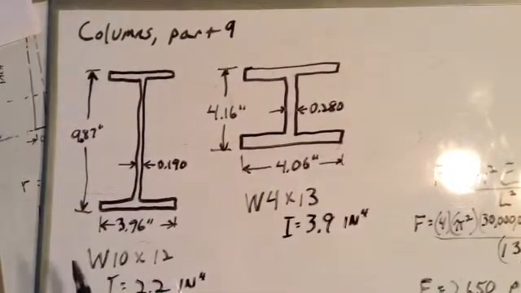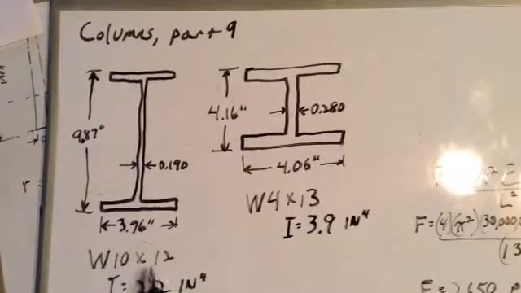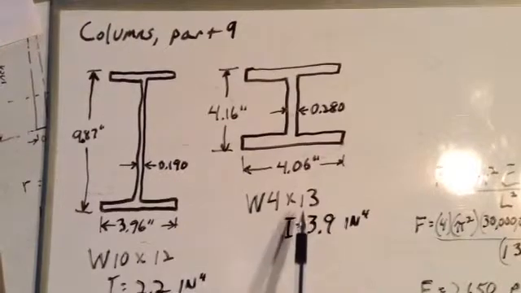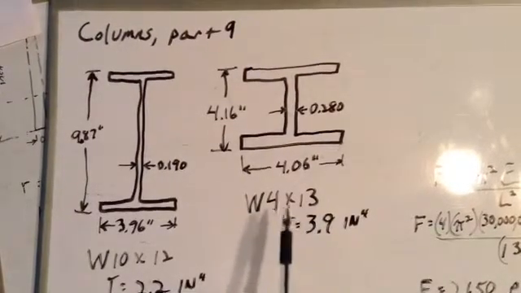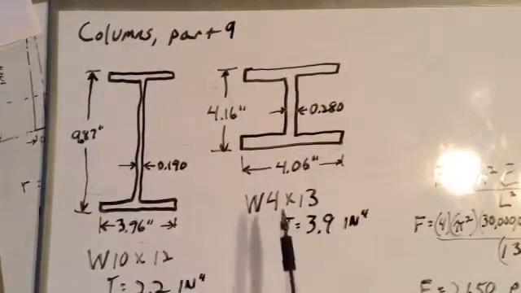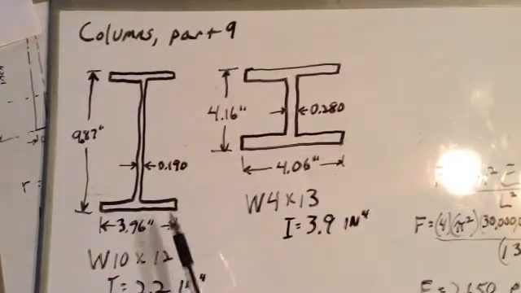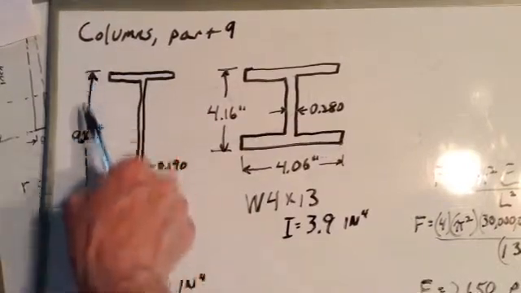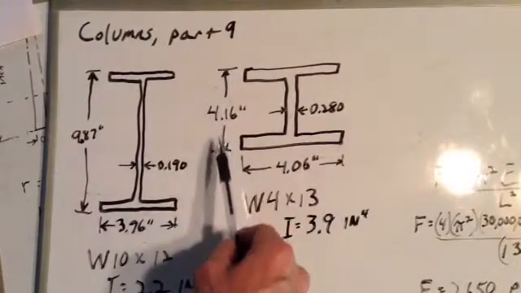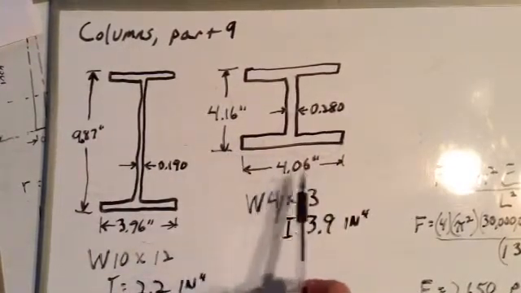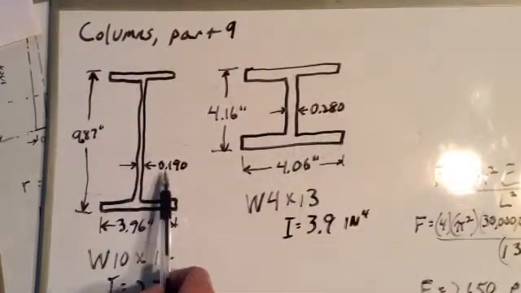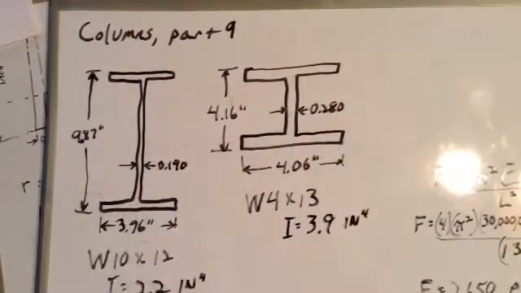If we compare the W10 by 12 beam with the W4 by 13 beam, we see from the Engineering Toolbox website that the dimensions of these two I-beams are 9.87 inches high by 3.96 inches wide, and 4.16 inches high by 4.06 inches wide, with web thickness of 0.280 inches and web thickness of 0.190 inches.